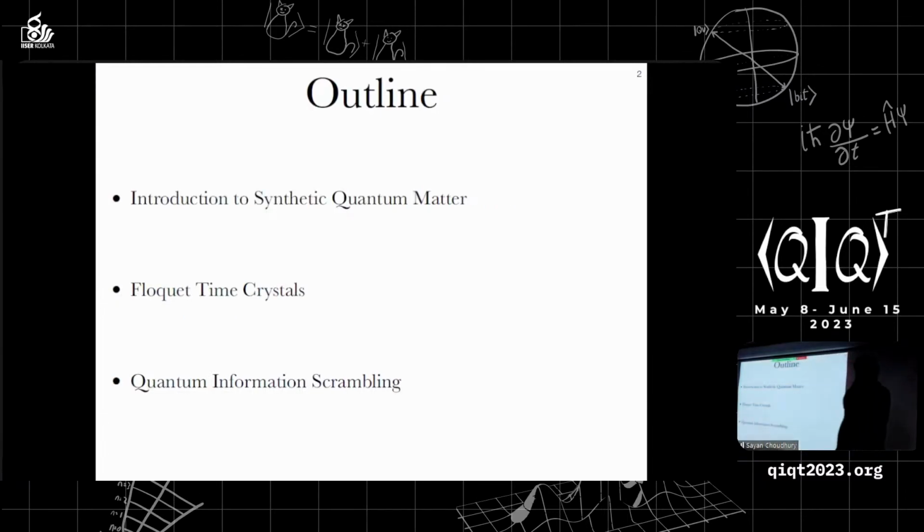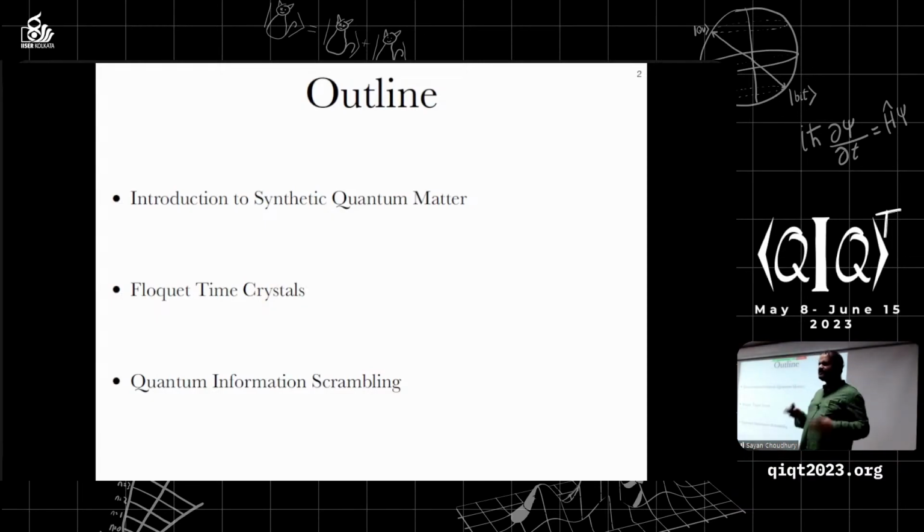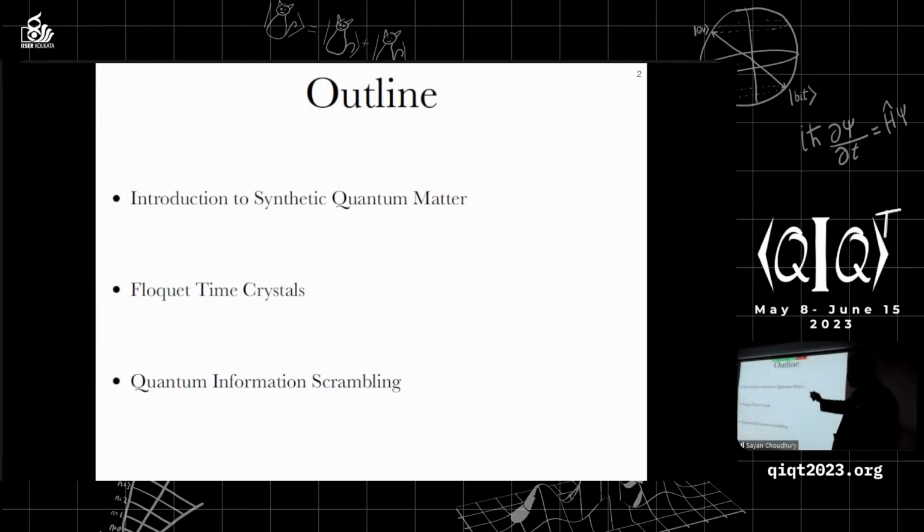So in particular, I'm going to talk about non-equilibrium dynamics of a very particular type of quantum matter, which I call synthetic quantum matter. The outline is the following. I want to give you an introduction to synthetic quantum matter. And then there are two particular points that we can get to by the end of this talk.